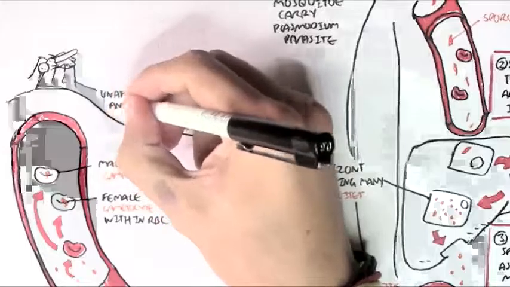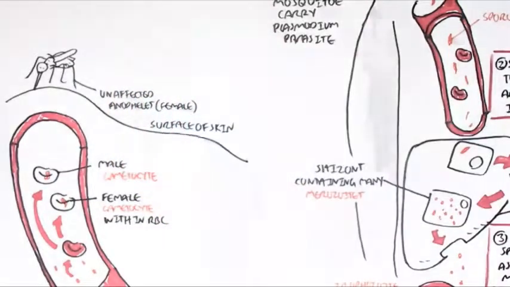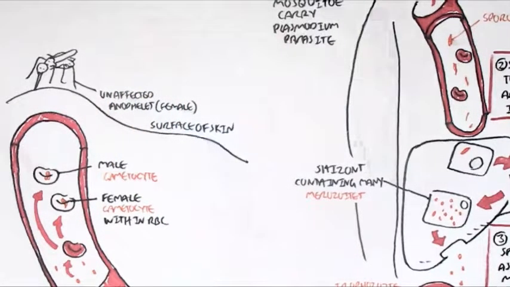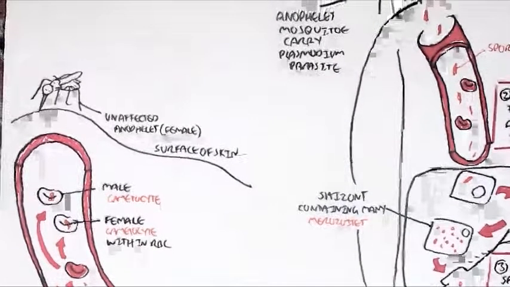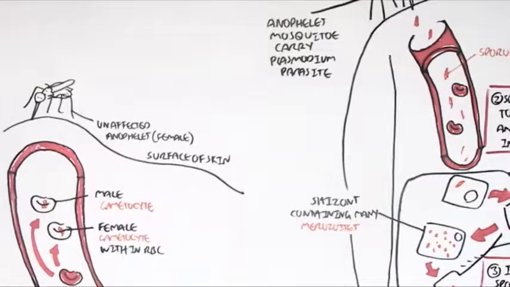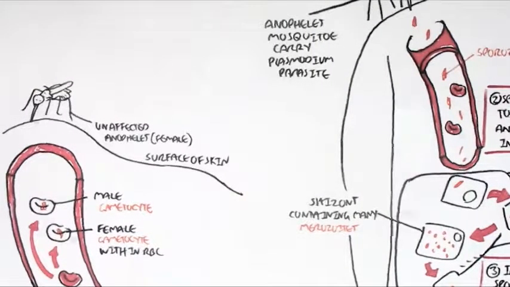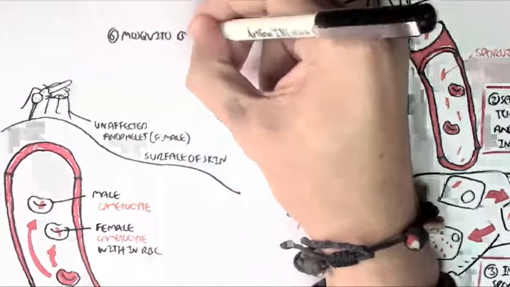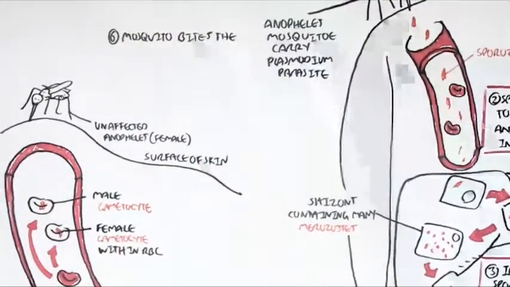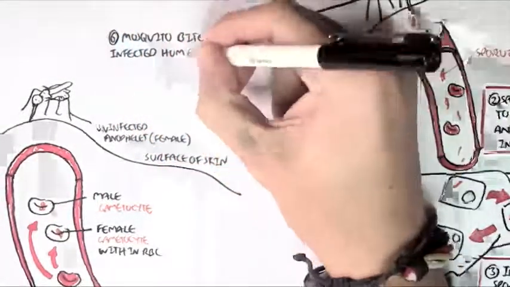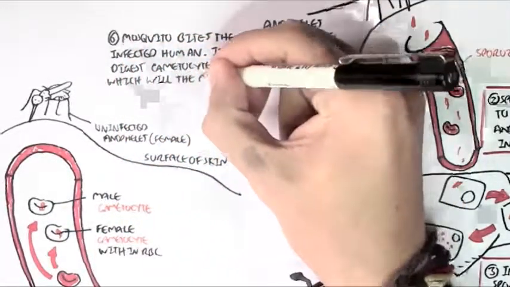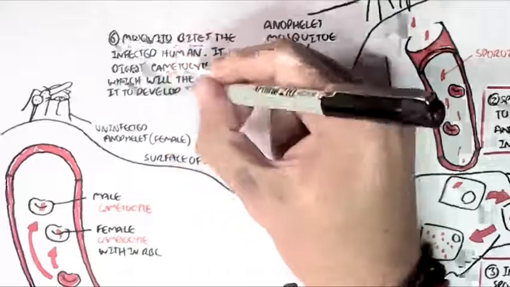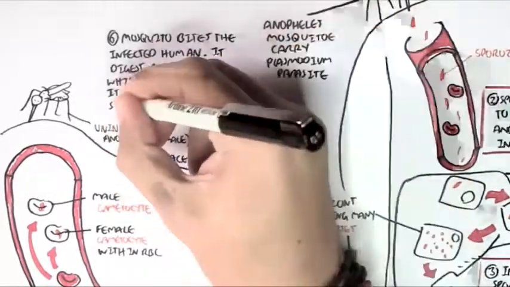So if another uninfected Anopheles mosquito comes along, a female, and bites this particular infected human being, it will suck up these gametocytes, the male and the female. So writing this up, the mosquito will bite this infected human, it will digest the male and female gametocytes, which will allow the gametocytes to develop into mature sex cells called gametes.